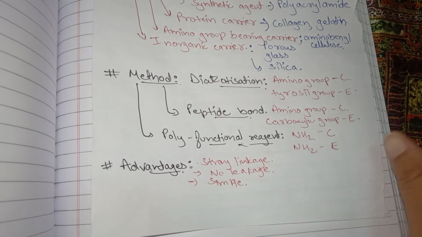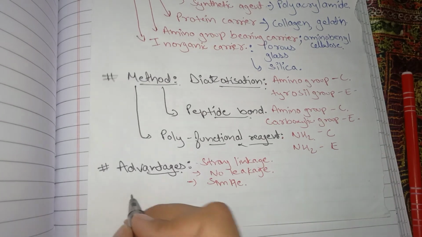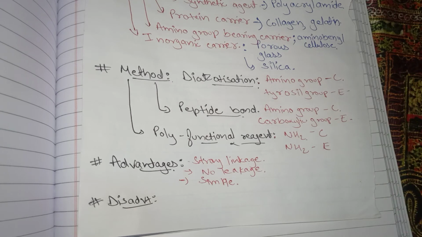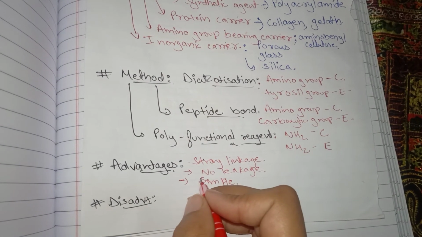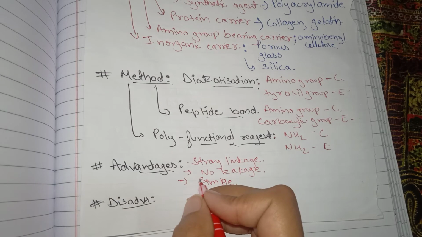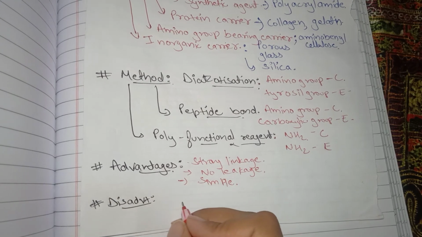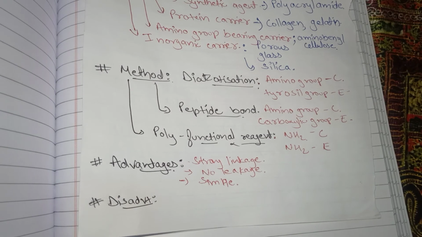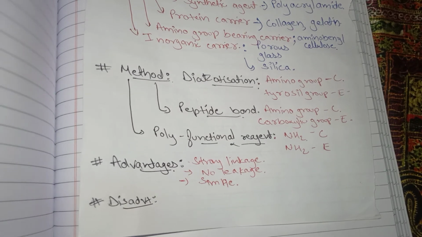And now, disadvantages of covalent bonding are: chemical modification of enzyme leading to the loss of functional conformation of enzyme, and sometimes there may be enzyme inactivation by the changes in the conformation when undergoing the reaction.